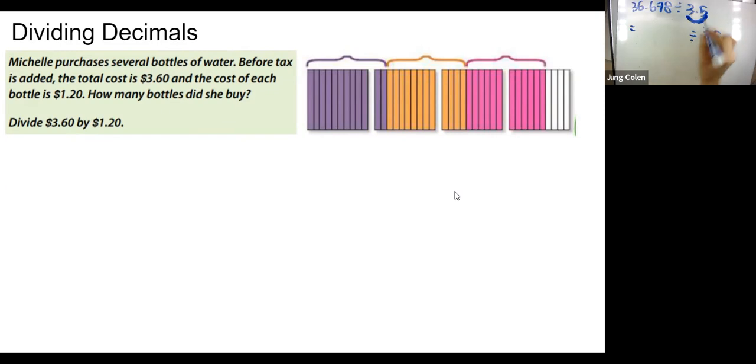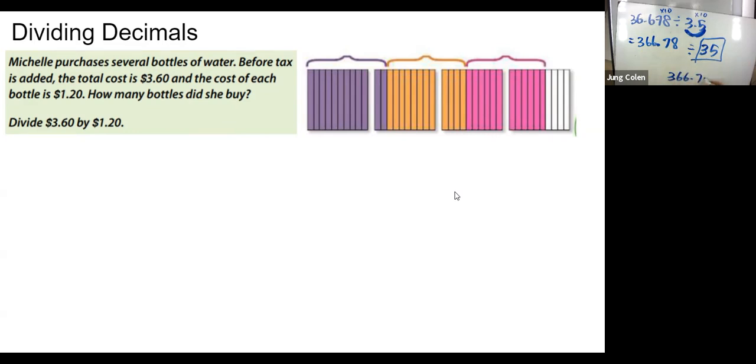How did I do that? I multiplied this by 10 and do the same thing here. Multiply that by 10. So you have 366.78 divided by 35. Okay, so try to change the divisor to the whole number. Then you can easily solve this.